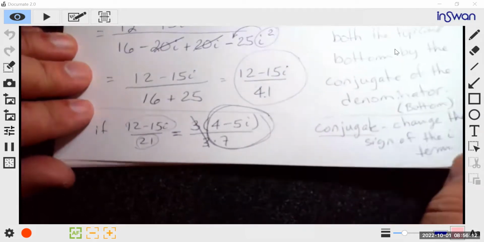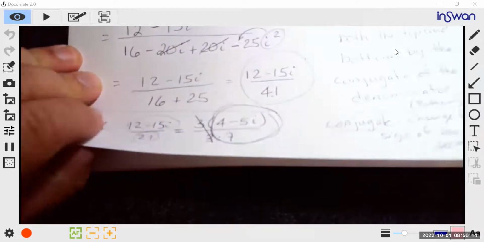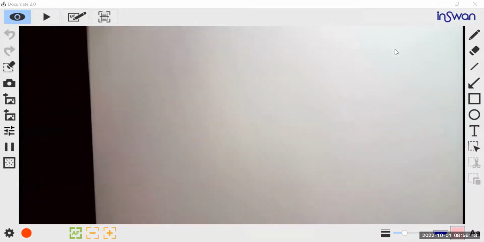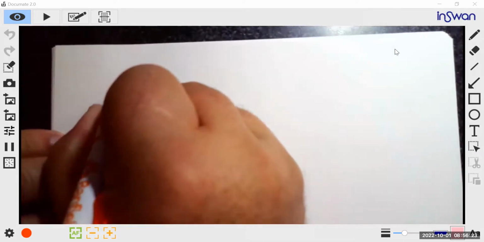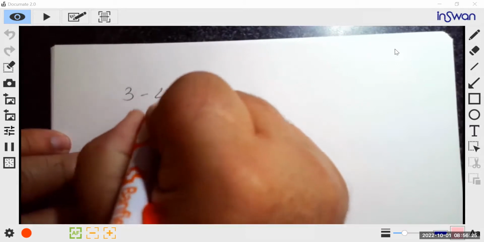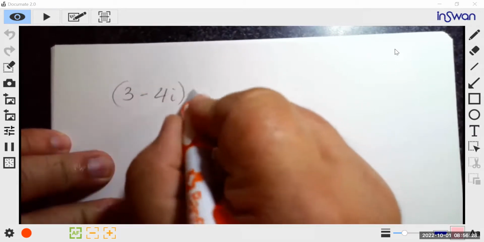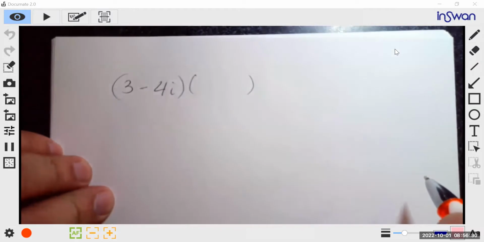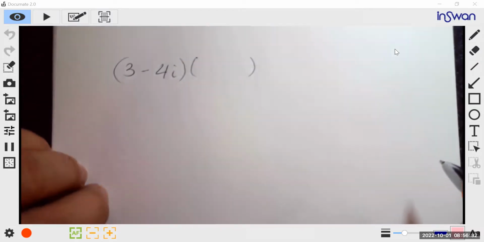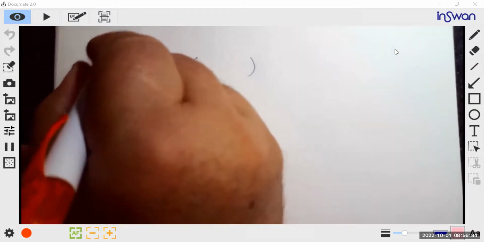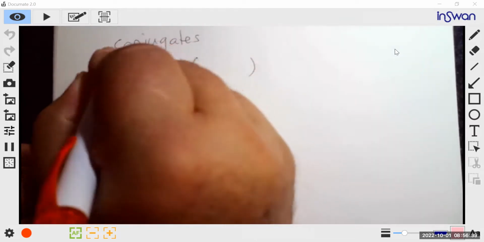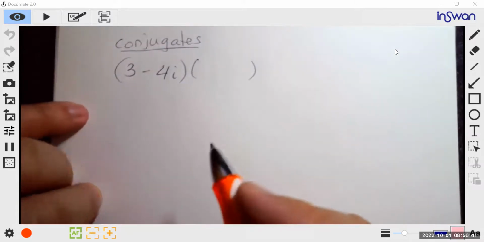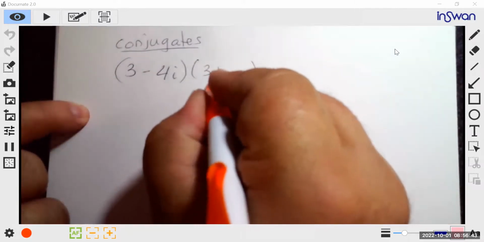Okay, let's look at more of these conjugates. I'm going to get you to a point where you can just look at it and tell me what the answer is going to be with a conjugate. Okay, so what's the conjugate of this one? 3 plus 4i?